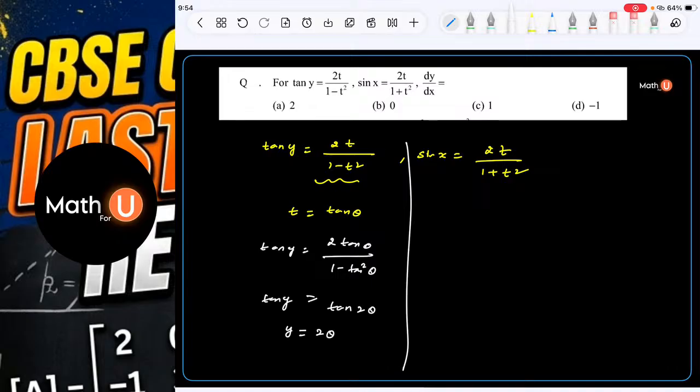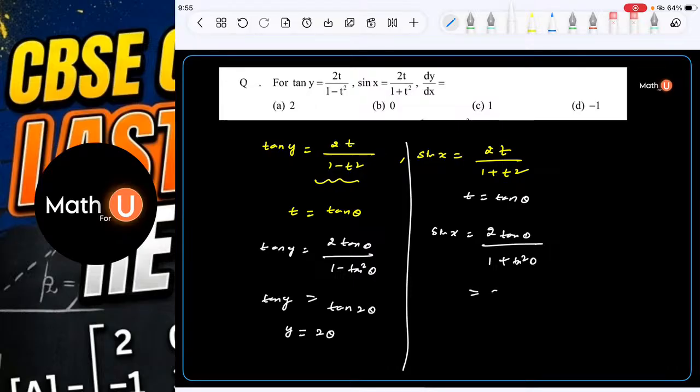Similarly here also consider t is equal to tan theta. What is theta? We get theta as tan inverse t. Otherwise keep it in terms of theta only, no problem. t is tan theta, sin x is equal to 2 tan theta by 1 plus tan square theta.